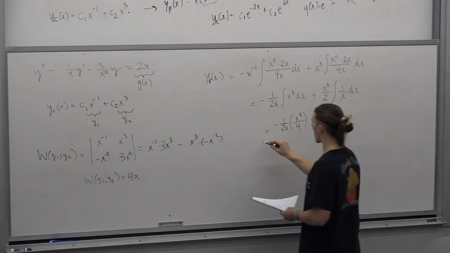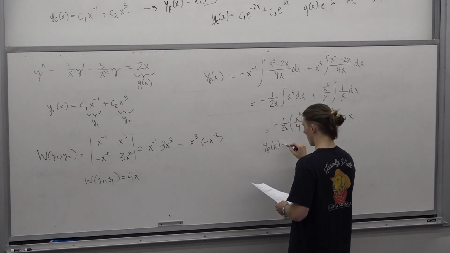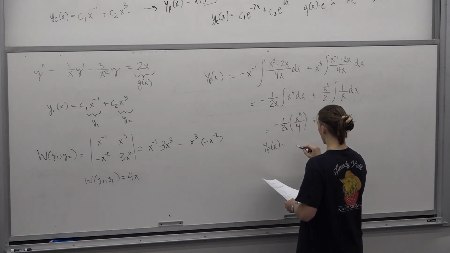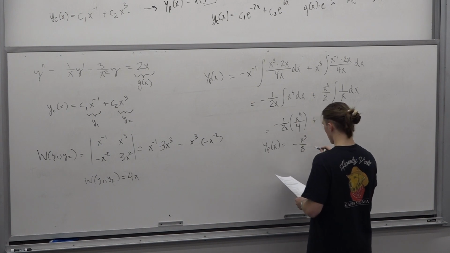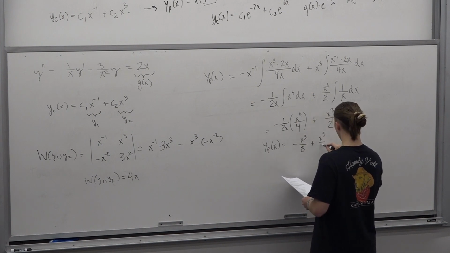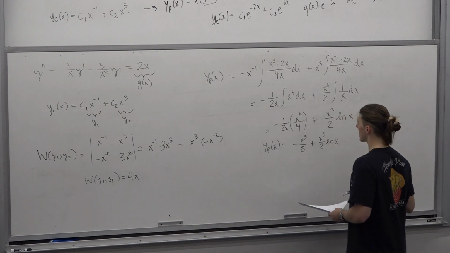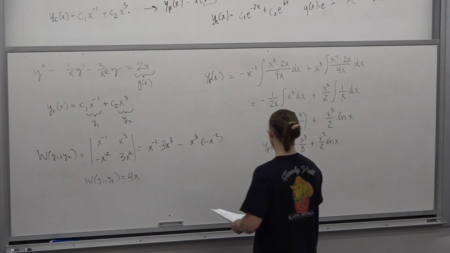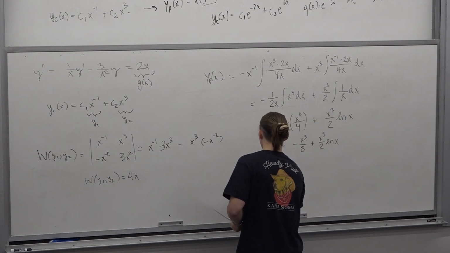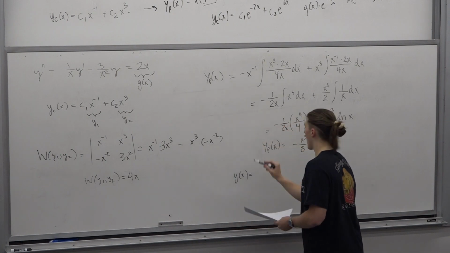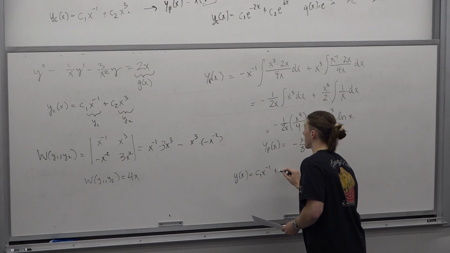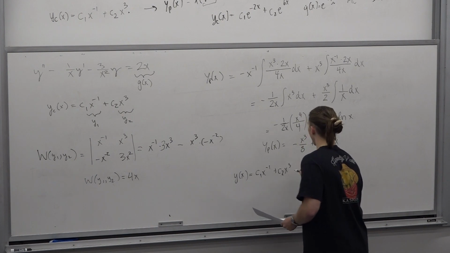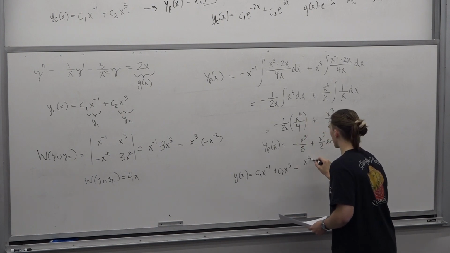So there we have our particular solution. And to get our final solution, we add everything together: our complementary solution from before and our particular solution that we just had.